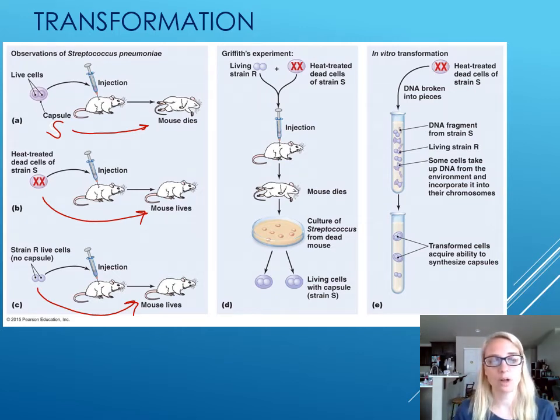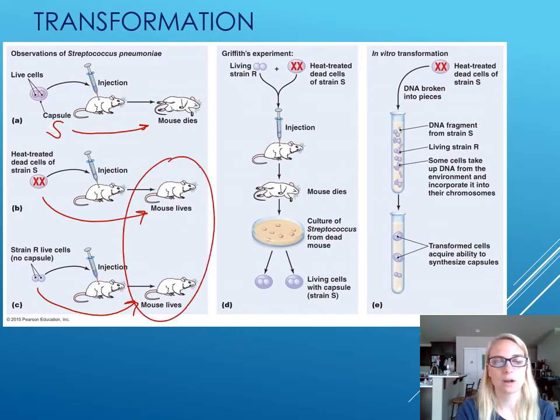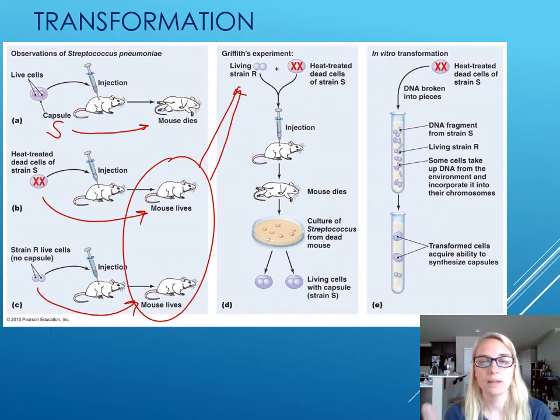So those were his original observations. Living S strain kills the mice, dead S strain, mouse lives, living R strain, mouse lives. So he's like, okay, so what if I took the two things that cause the mouse to live, right? The living R strain and the heat-killed S strain. Both of those individually, the mouse survives.